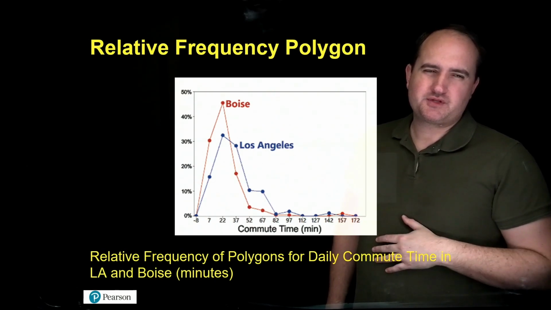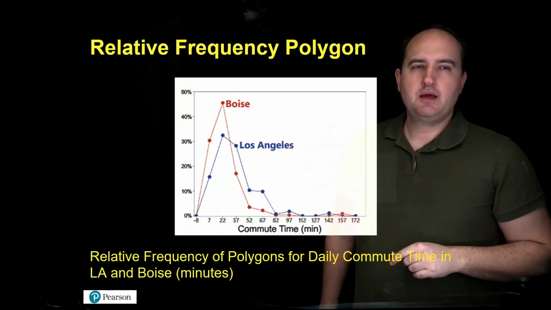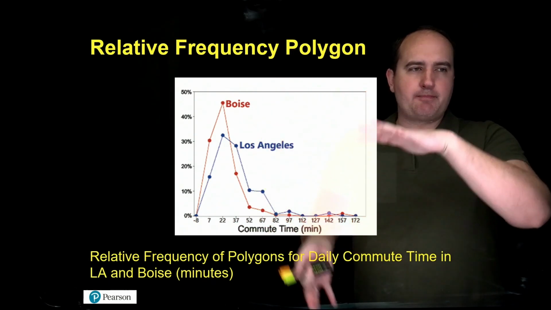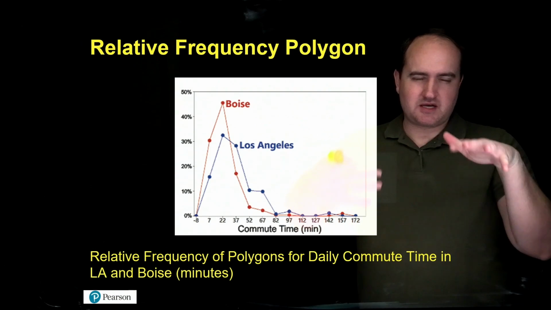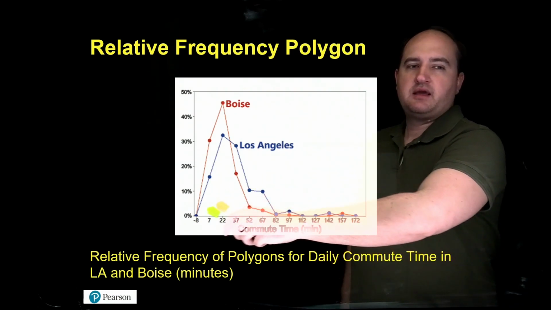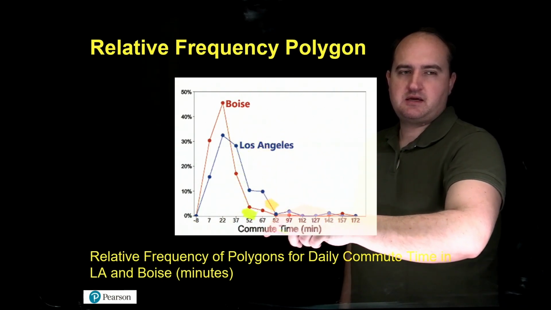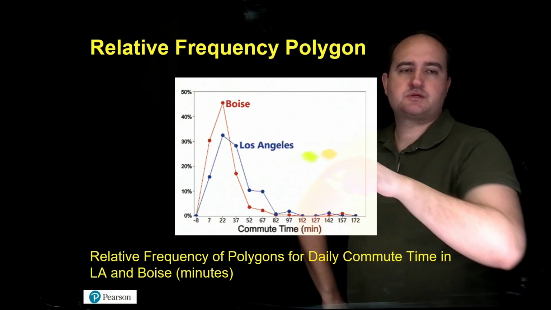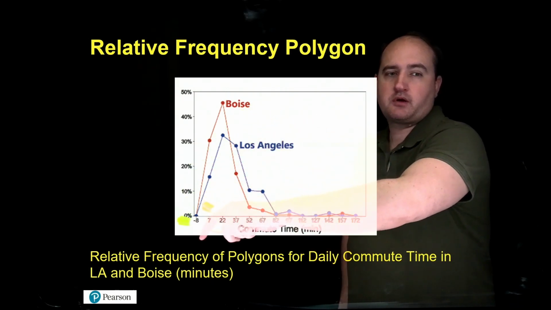So that's more difficult to do if you have a histogram. This wouldn't really work if you had a histogram. But for relative frequency polygons, because we don't have bars overlapping like with histograms, if you put two histograms on top of each other, it can be confusing. Here, with the relative frequency polygon, we can actually see the shape of both the Los Angeles commute times and then the Boise, Idaho commute times from the book.